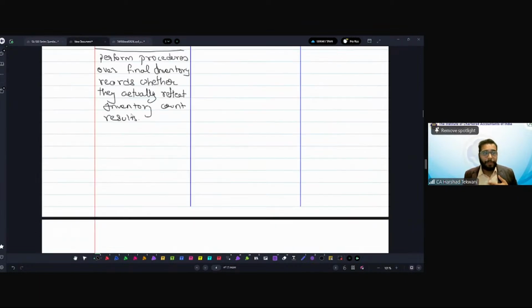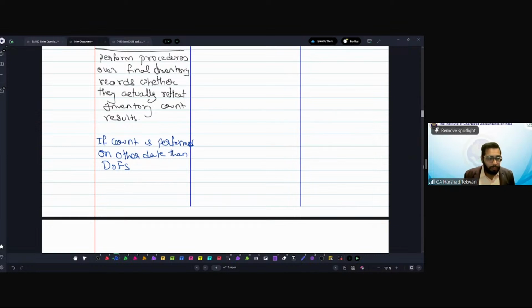If the count is performed on another date than the date of financial statement (DOFS is an abbreviation for now, but do not use it in the exam), then I need to perform additional procedures.